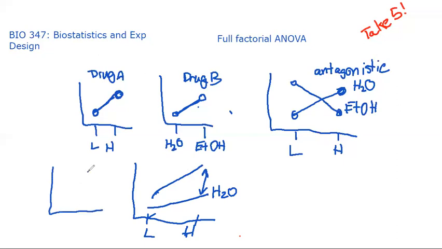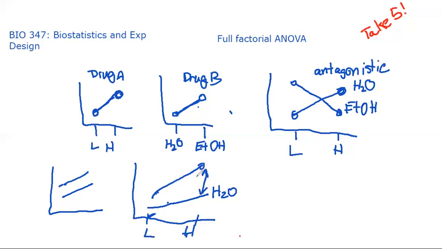If we get parallel lines, okay, that means there's no interaction, okay? So if we get a response and we plot it and it gets like this, we can actually interpret the main effects by themselves. If we get an interaction like this, we can interpret the sign, but not the magnitude of the main effects. So going from high dose increases, so both these slopes are up, and going from water to ethanol increases the response as well.